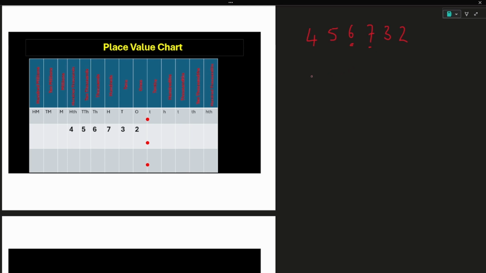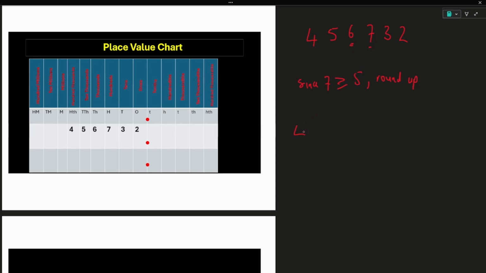So, applying the rounding rule, if the digit to the right is 5 or more, we round up. So since 7 is greater than 5, we round up. That is, we increase 6 by 1, which is now equal to 7, and then replace the digits after 6 with 0.